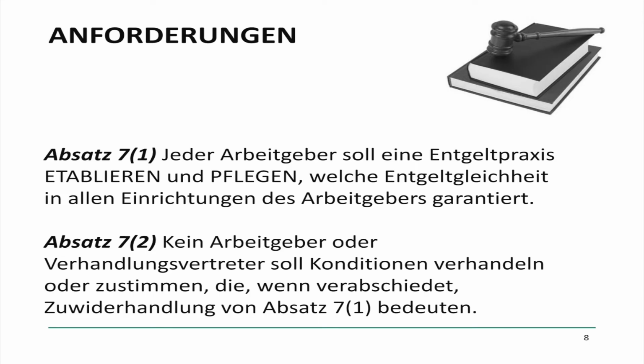And each of these terms is defined in the Act. And then in subsection 2, no employer or bargaining agent shall bargain for or agree to compensation practices that, if adopted, would cause a contravention of the Act. So the bargaining agent also has a responsibility under our Act.